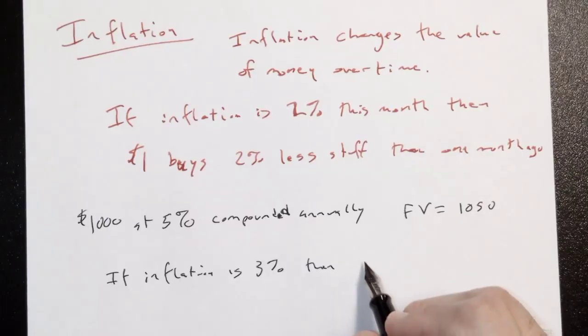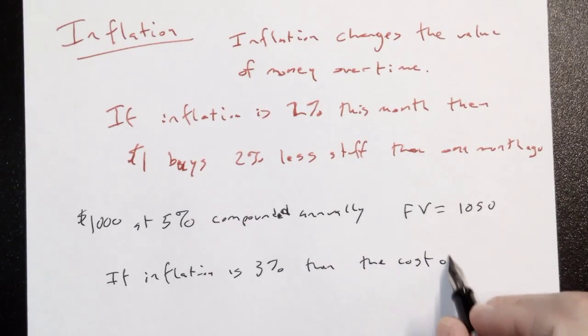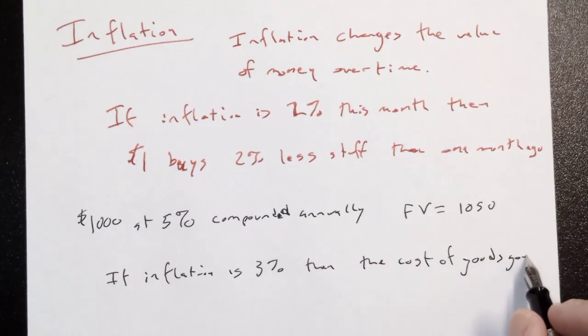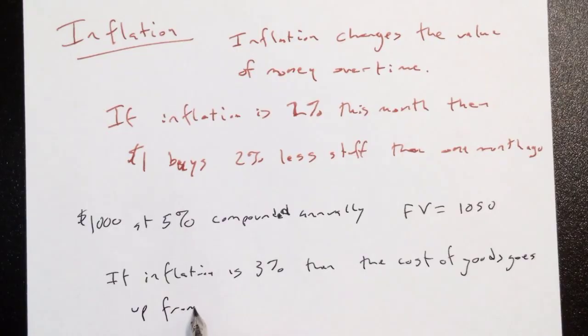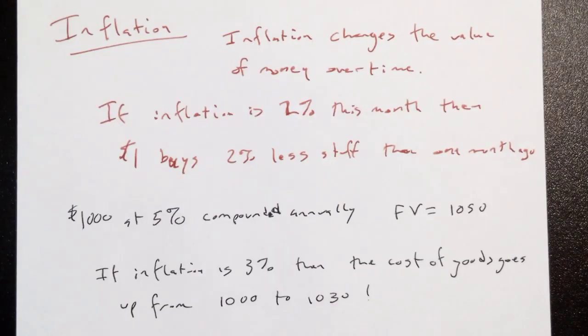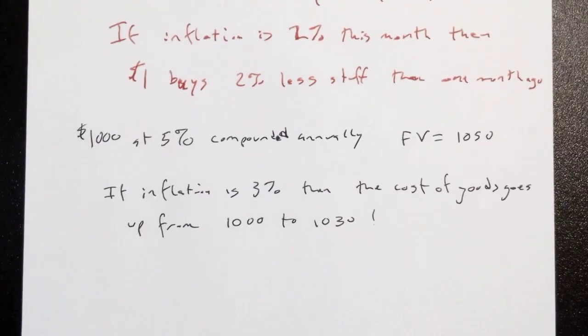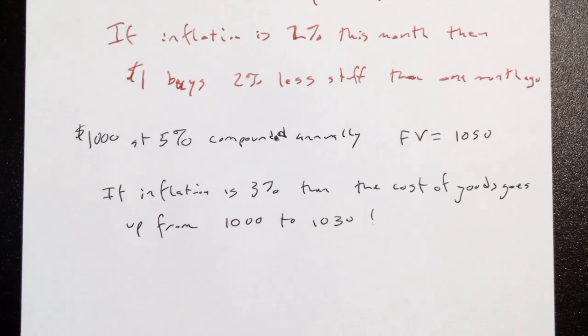Aha. So really, did I make $50? Well, not really. Because that $50 doesn't buy $50 more worth of stuff. It only buys the proportionally larger amount of stuff to a base value of $1,030 instead of a base value of $1,000.